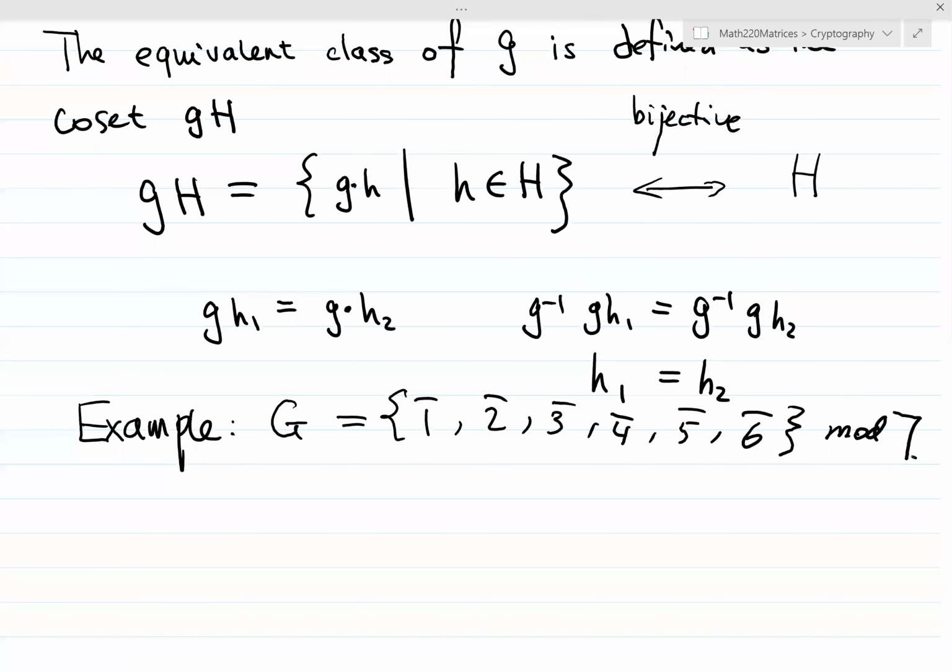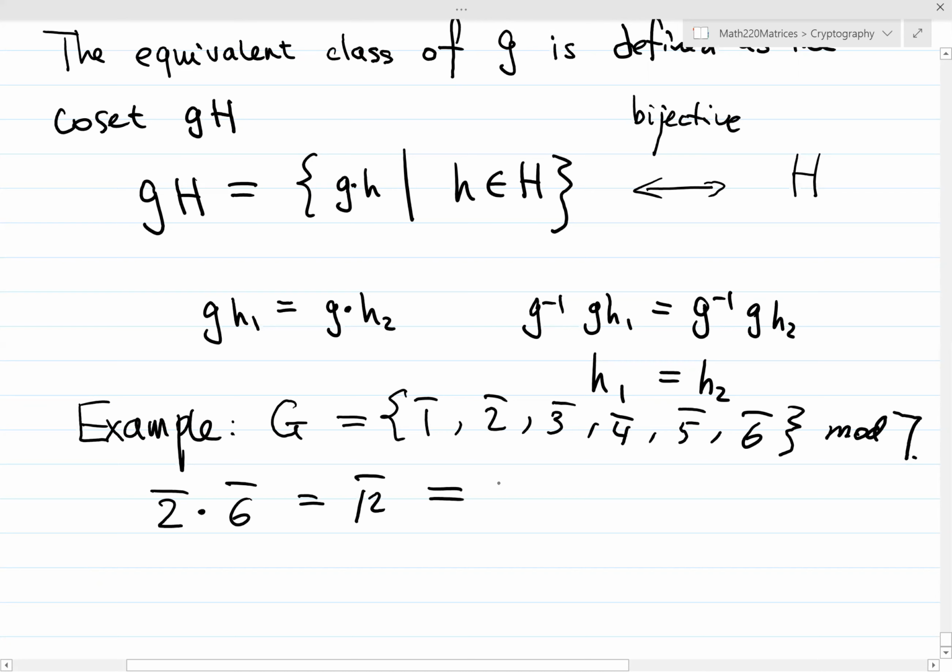So G is a group, and the group multiplication is element multiplication. For instance, 2 times 6 is 12, and 12 modulo 7 gives 5 bar.